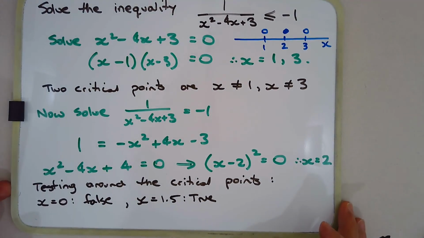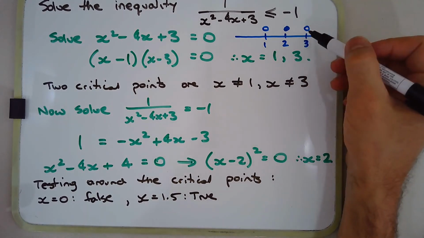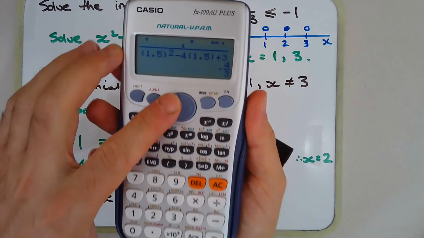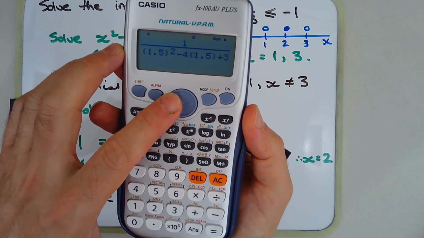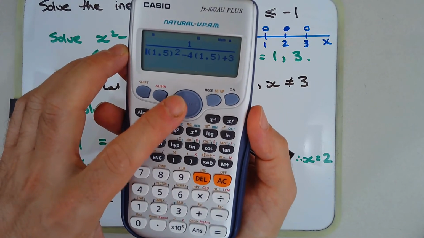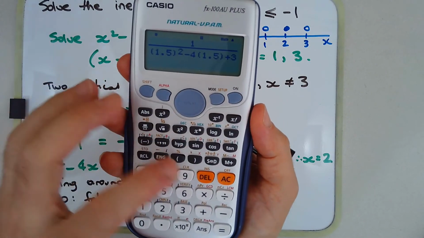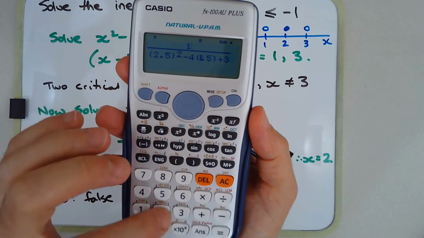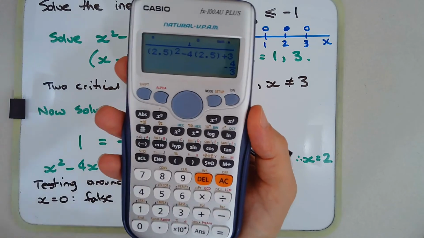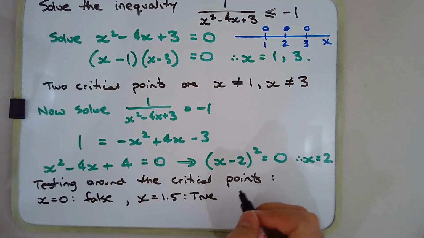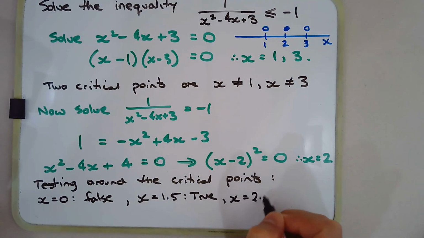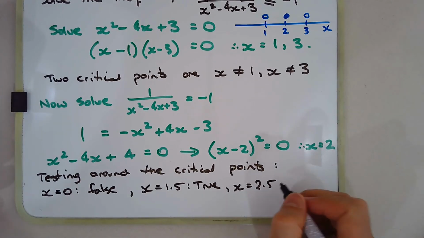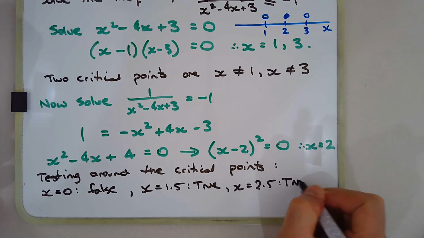Now let's test between 2 and 3. Go back and change these values from 1.5 now to 2.5. -4 on 3 again. That's also true. So x equals 2.5 is also true.